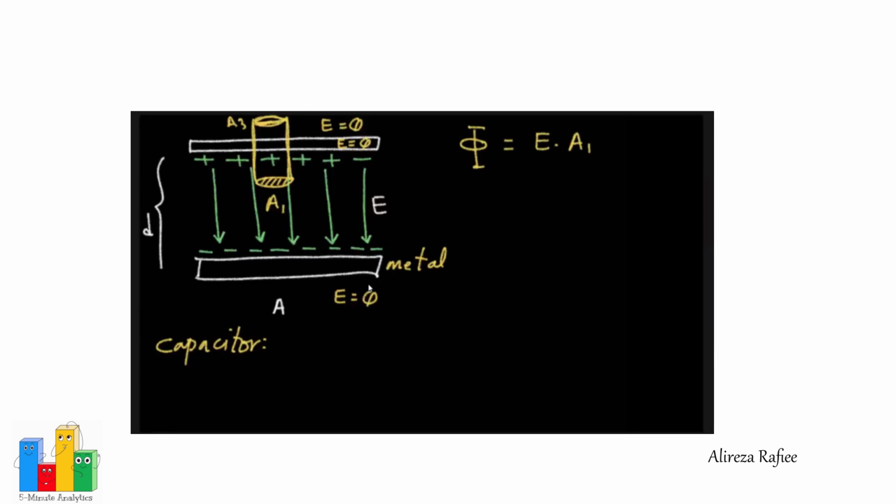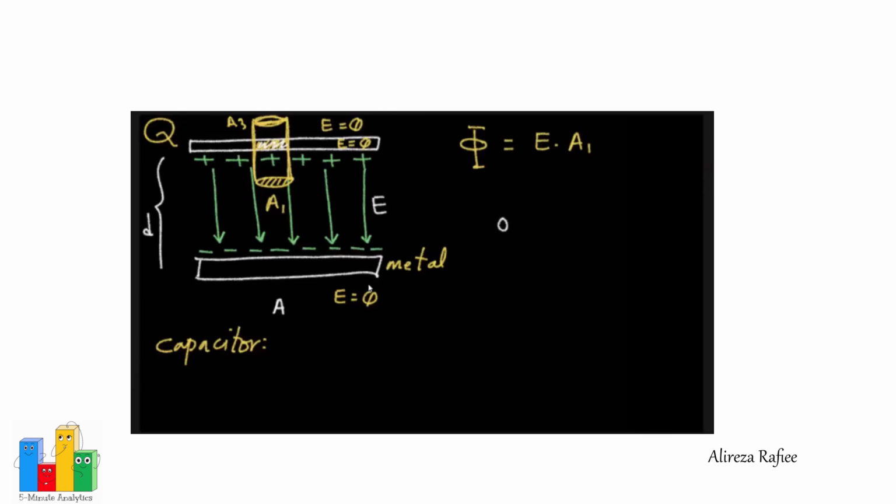But how much charge do we have stored on this part? Now, suppose I put initially some amount of Q charge, positive charge, on top of this positive plate. The charge which is enclosed in this surface is related to the total amount of charge put on the entire surface.